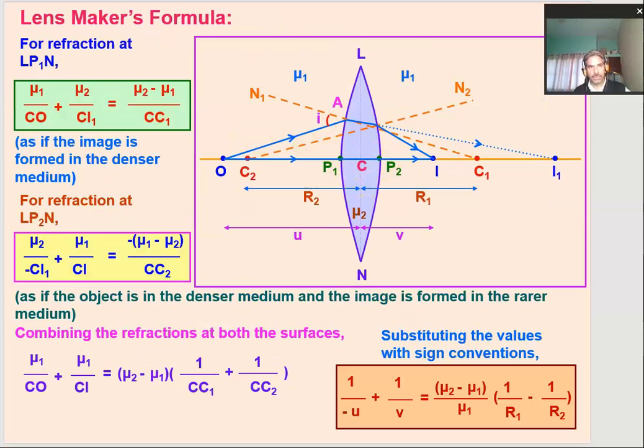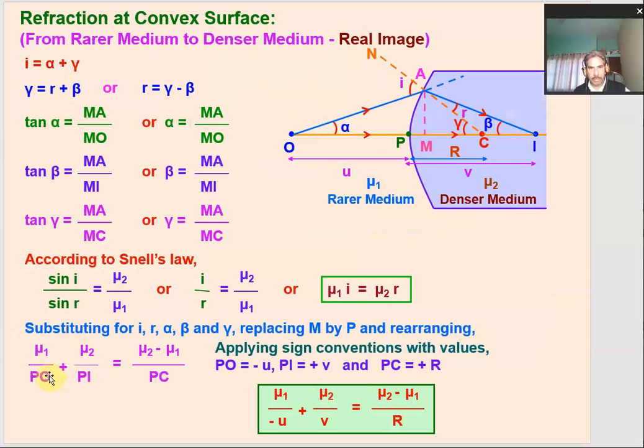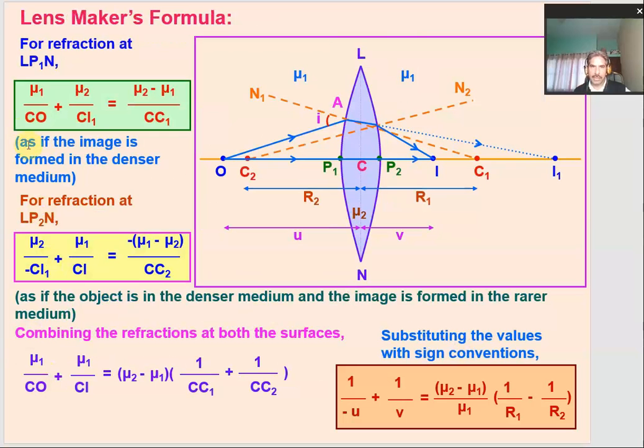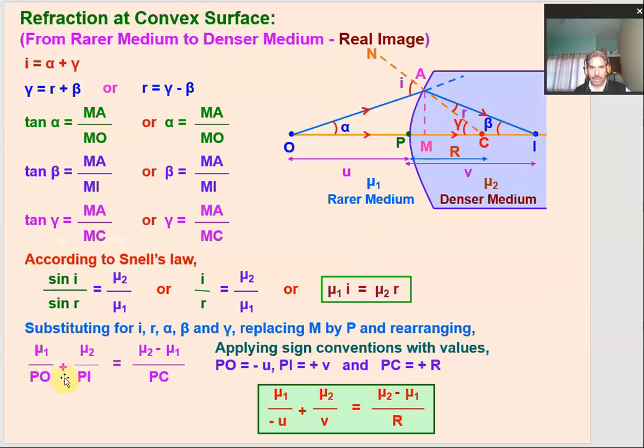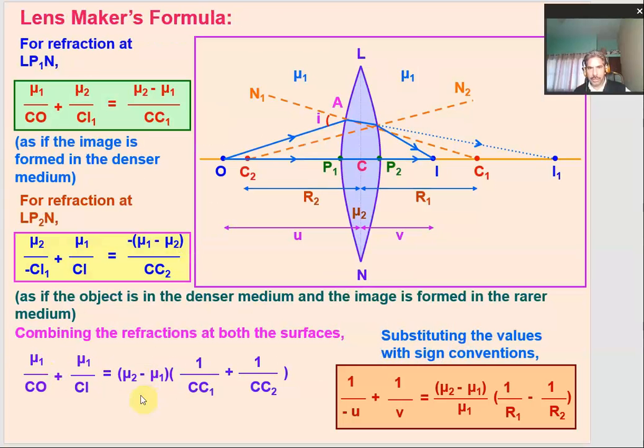So therefore P is just replaced by C, the center of curvature of the lens here. So that's why it is CO in place of PO and CI in place of PI and C1 in place of PC, because the center of curvature is C1 for this surface.